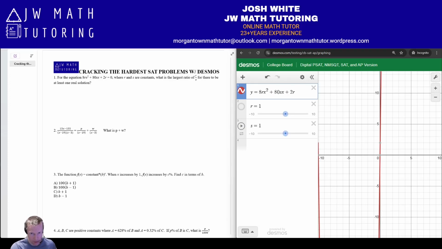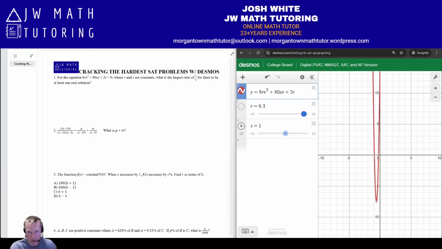Now, for there to be at least one real solution, that means we need at least one x-intercept. I'm going to let s equal 1, and then I only have to adjust the r value on its slider to find what the largest ratio of r over s is to have at least one x-intercept, i.e. one solution. So if we do this, notice, okay, we still have two solutions.